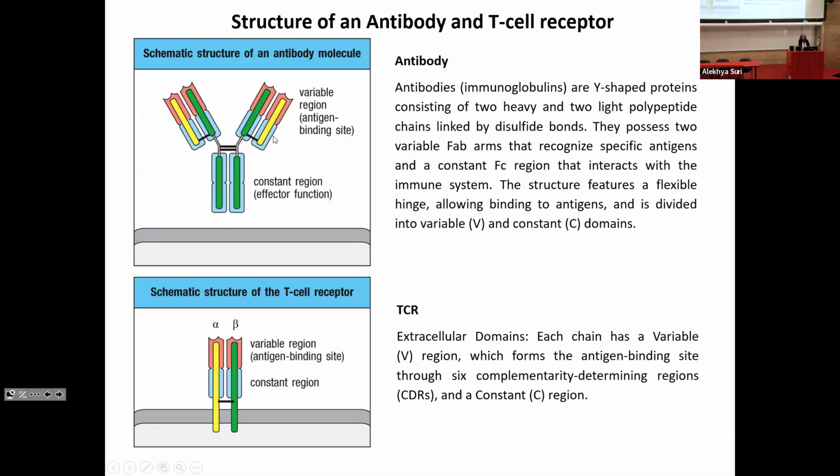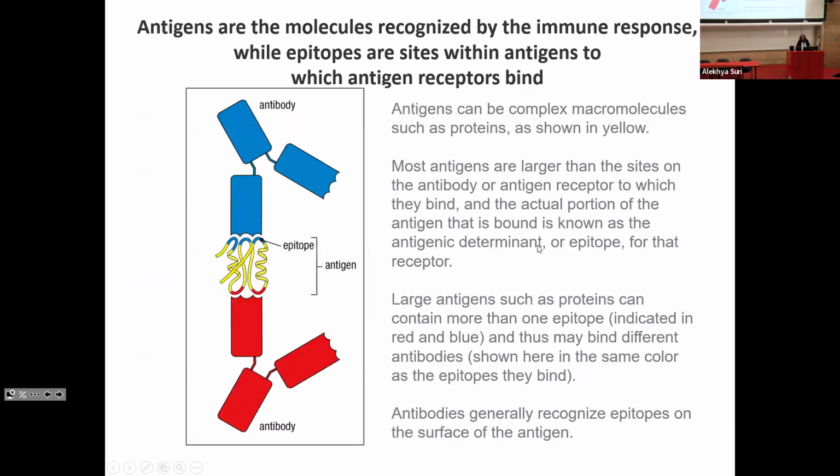Unlike antibodies, where IgM and IgD can be bound to the surface but most of the antibodies are secreted into circulation, the T cell receptor is bound; it's not secreted, so it has this transmembrane region. So both, you can see, have this variable region that gives the ability to recognize different antigens.